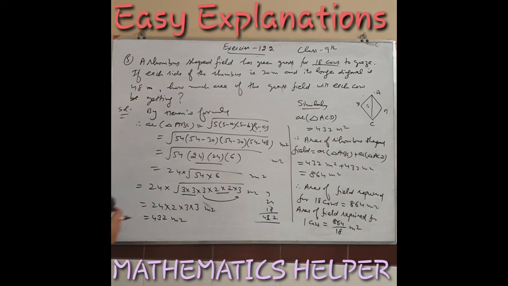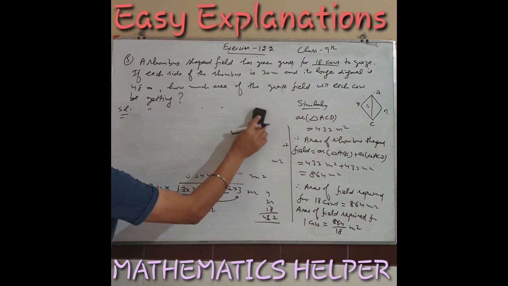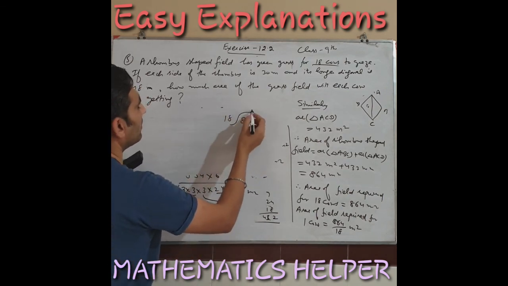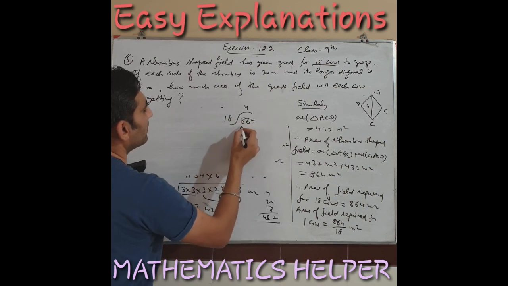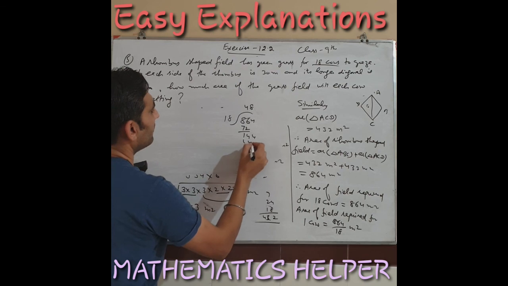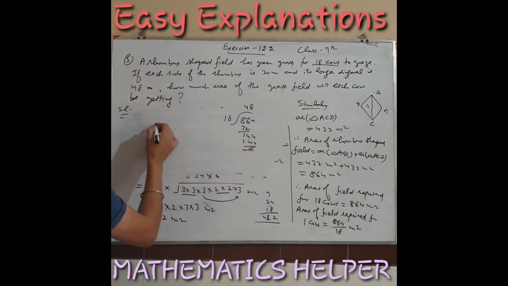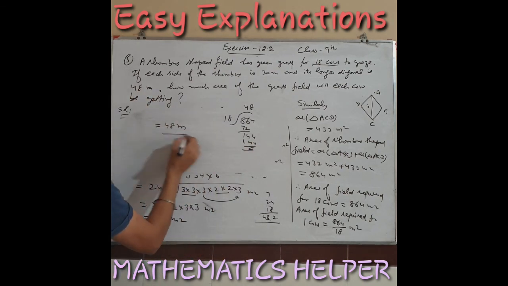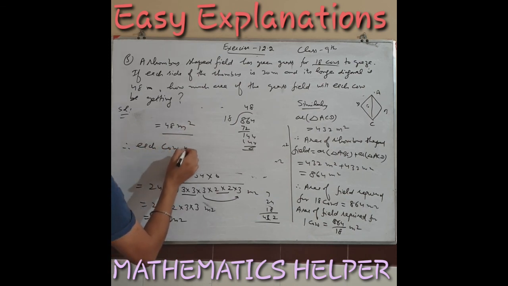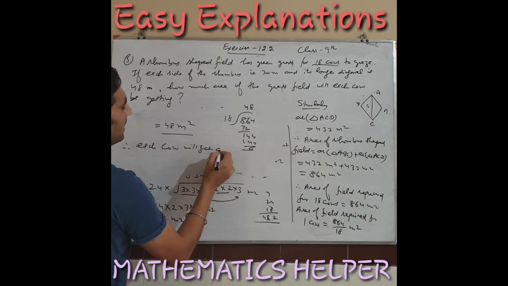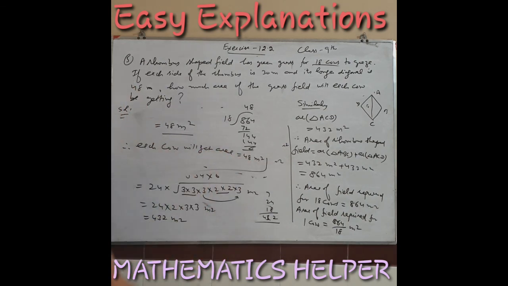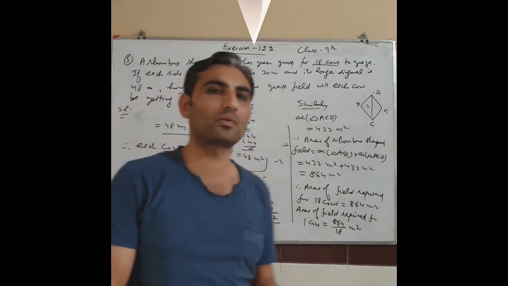Now solve it, it will be our answer. How much will come here? Okay, let's see, 864 over 18. It will go 4, 72, 144. It will go 8, 144. So it will be 48 meter square. Therefore each cow will get an area equal to 48 meter square. This was our question number 5. Thanks for watching this video.